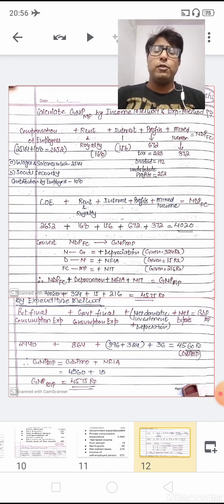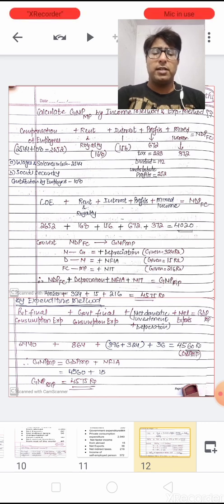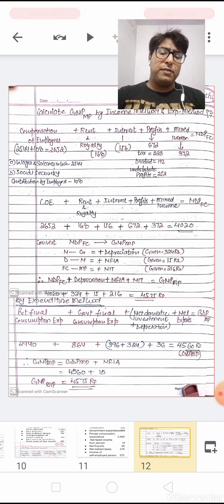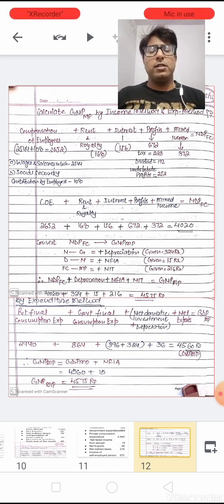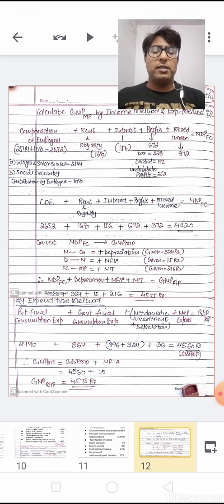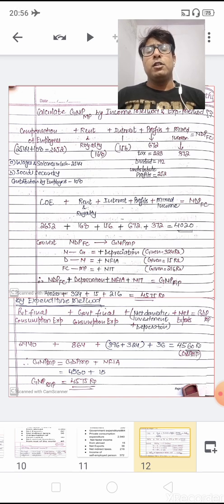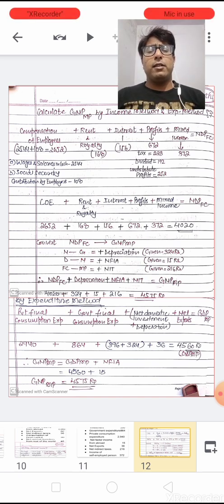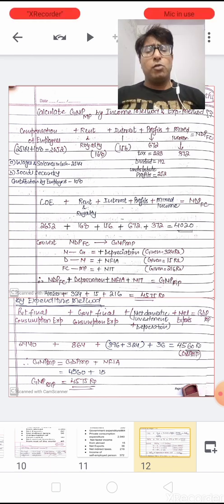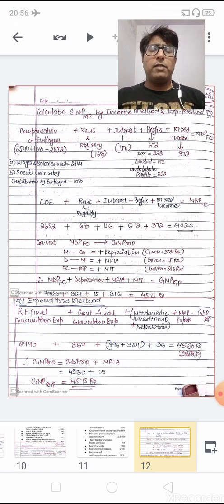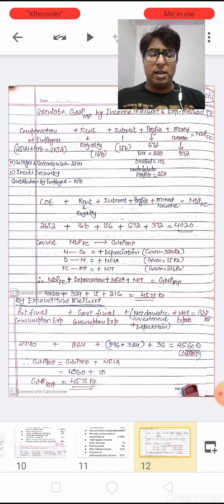So similarly 4560 plus 15, and we will get the value of GNPMP, which is 4575 rupees. So children, so far when we are getting the answers, we have understood well that whichever method we use to calculate, the answer comes the same.